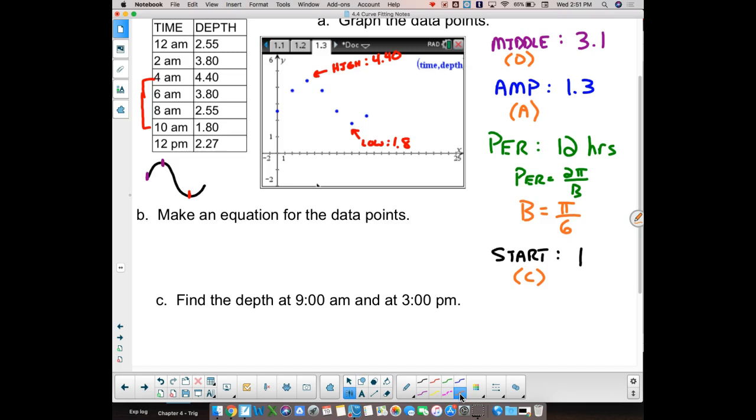So my sine curve would be y equals A, which was 1.3, times the sine of pi over 6, x minus 1, because we started at positive 1 hour, or at 1 a.m., plus 3.1.